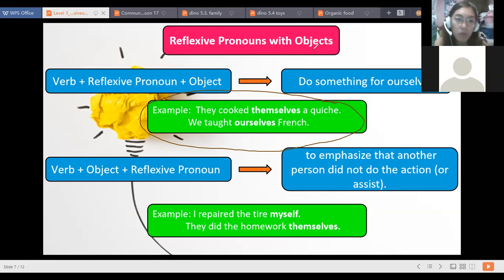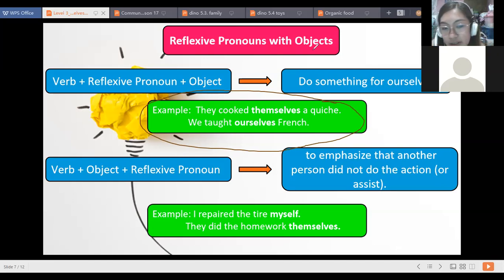Okay, so how about the verb plus the object plus reflexive pronoun? What is the use? To emphasize that another person did not do the action or assist. Okay, so can you give me the example?